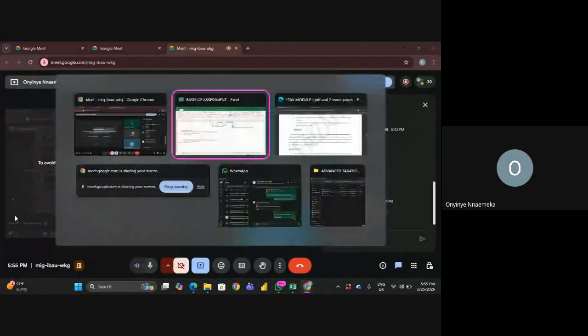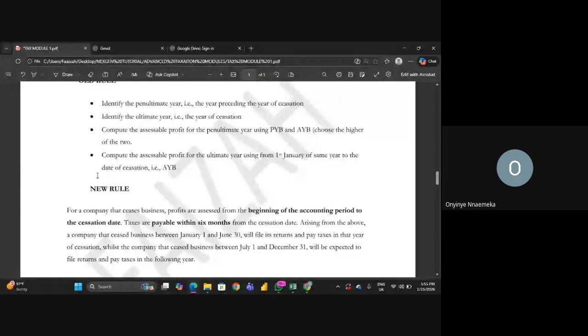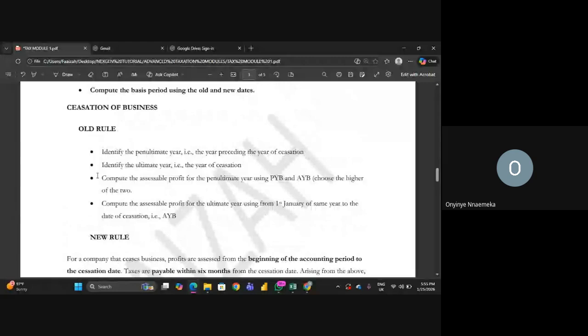So, but for the old rule for cessation, we need to recognize what is called the ultimate year and the penultimate year. The ultimate year is the year of cessation, that is the year that the company ceased business. While the penultimate year is the year before the year of cessation.